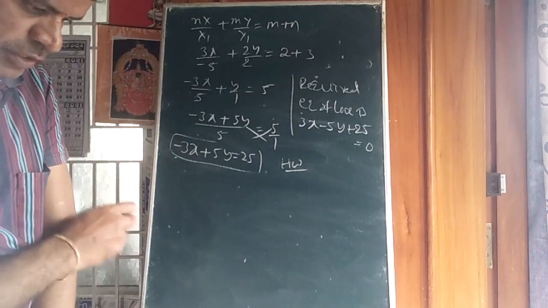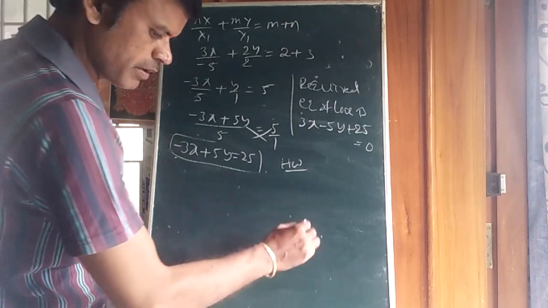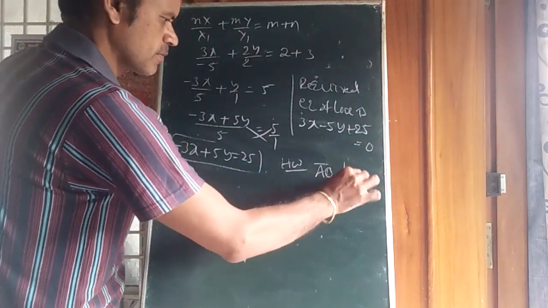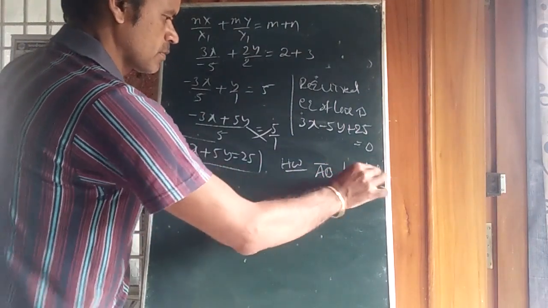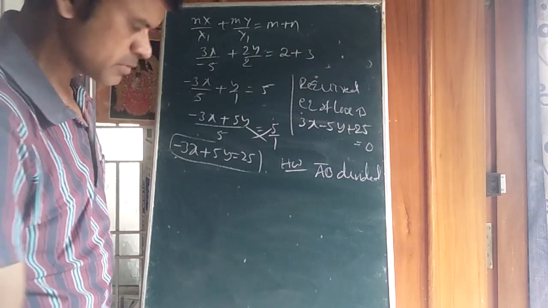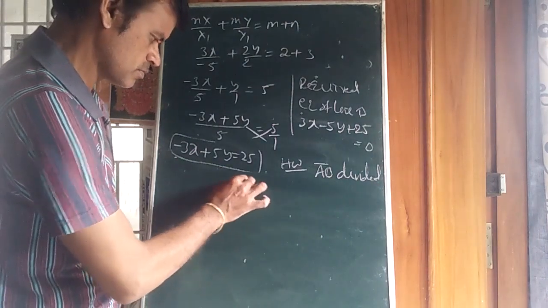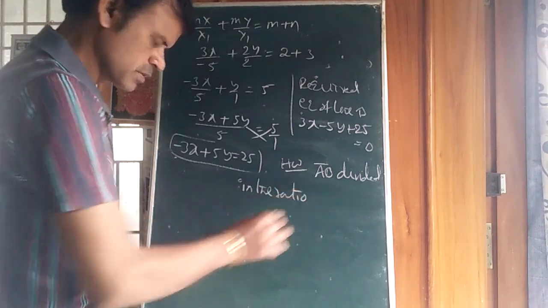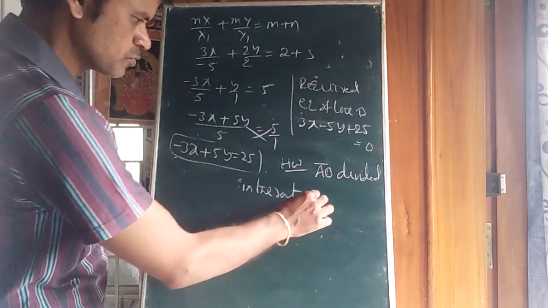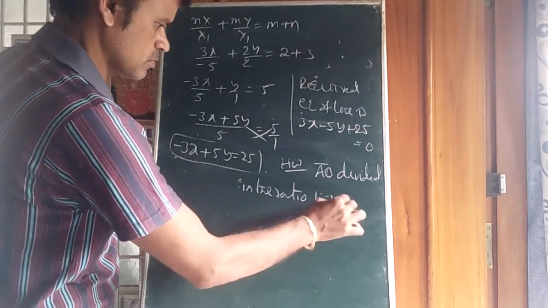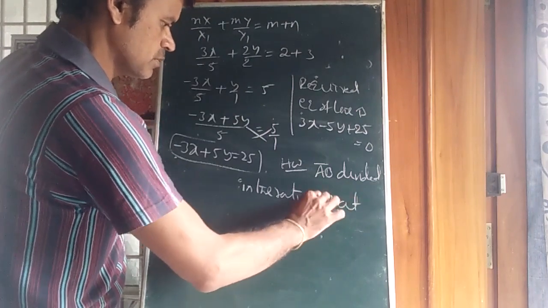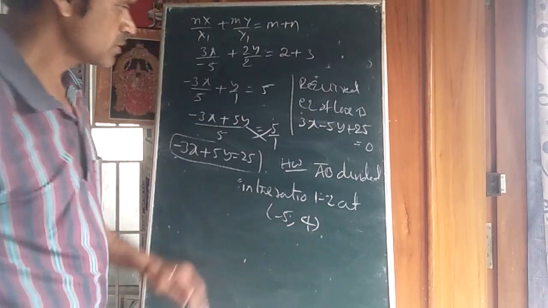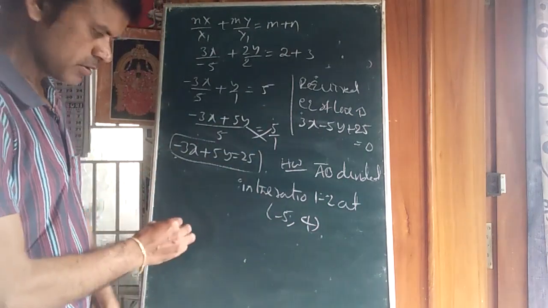Do two sums as homework, students. AB divides, same concept, AB divided in the ratio 1:2 at minus 5 comma 4. Use the same formula.